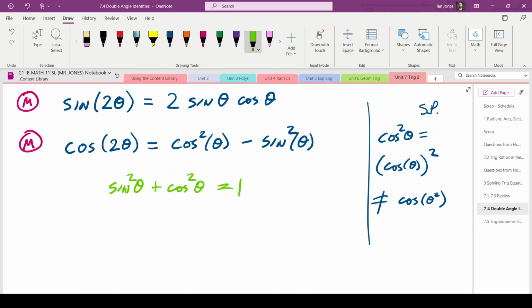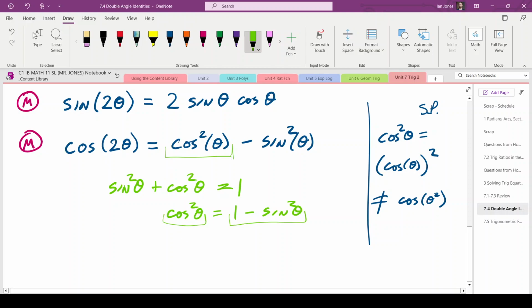So what I can do is I can rearrange this. I could subtract sine theta squared from both sides and get this. And then substitute this here with this here. Okay, so I could get 1 minus sine theta squared, that's cos theta squared, minus sine theta squared from this one right here.